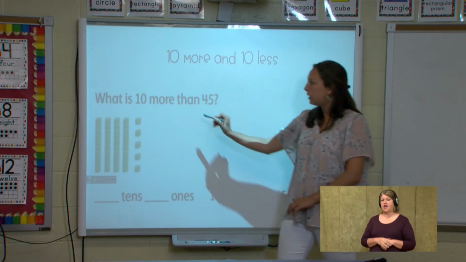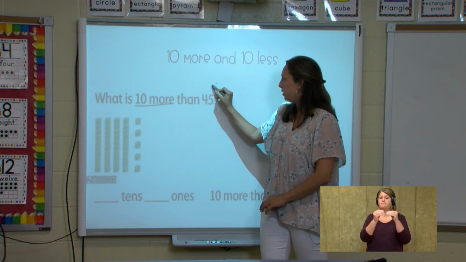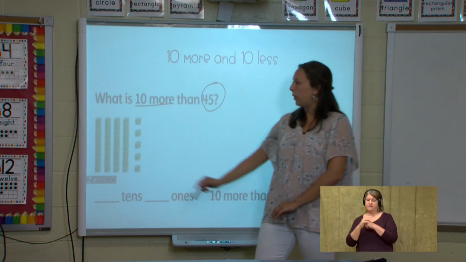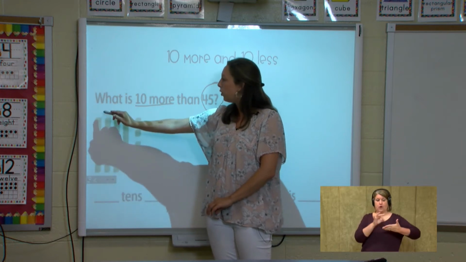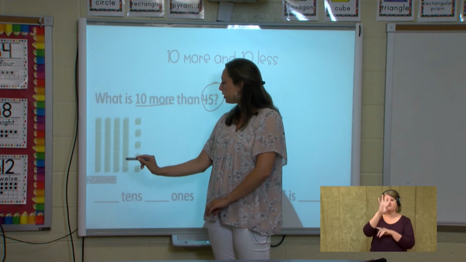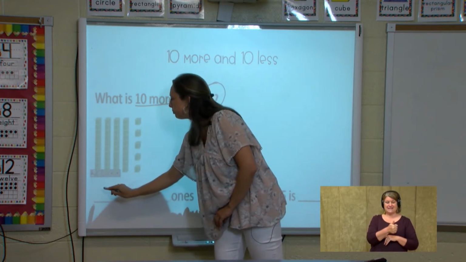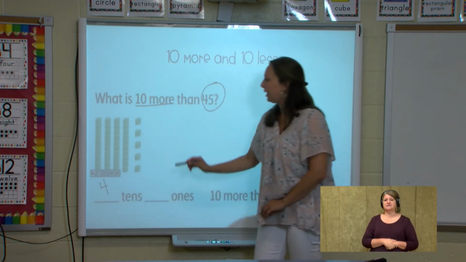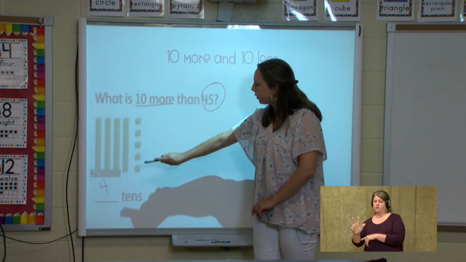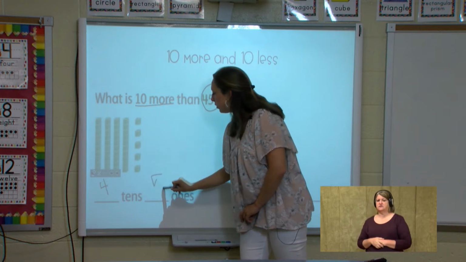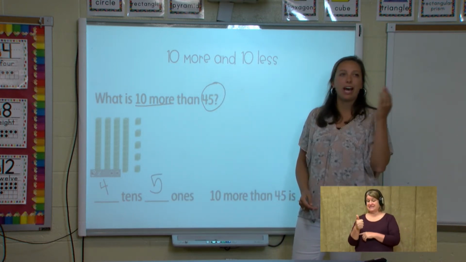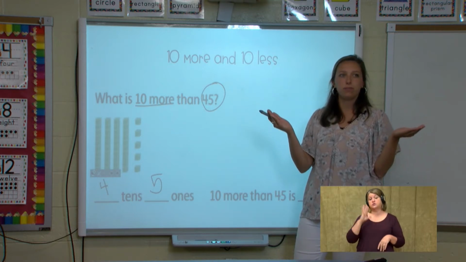What is 10 more than our whole number 45? Okay. Well, let's just count what they have. 1, 2, 3, 4. There's 4 tens. And let's count our ones. 1, 2, 3, 4, 5. We're doing 10 more than 45, so are we going to add a cube or a rod?